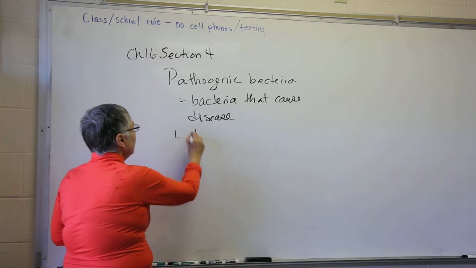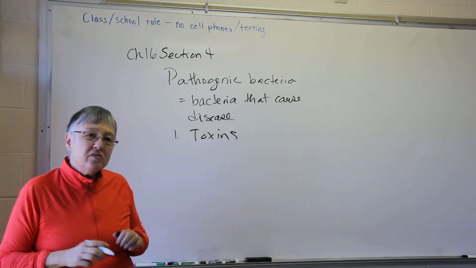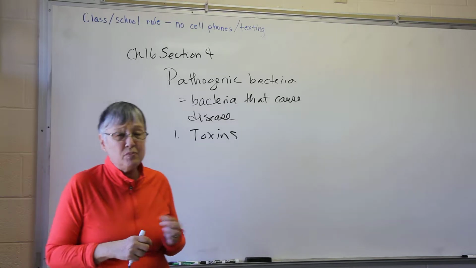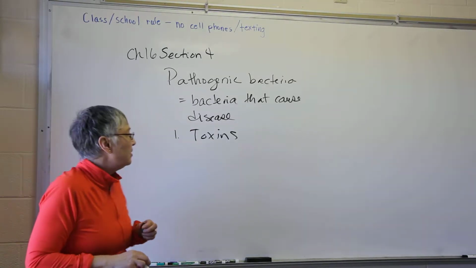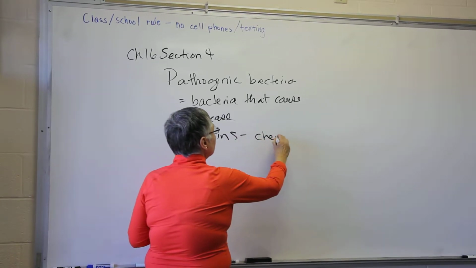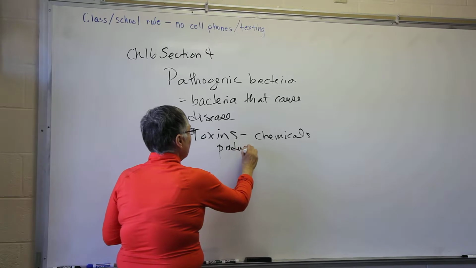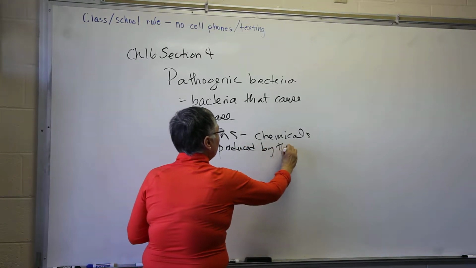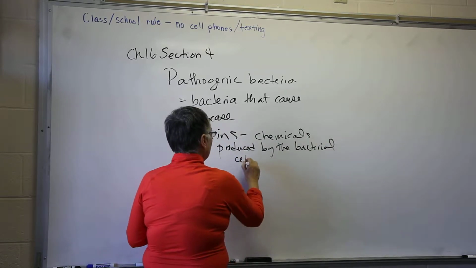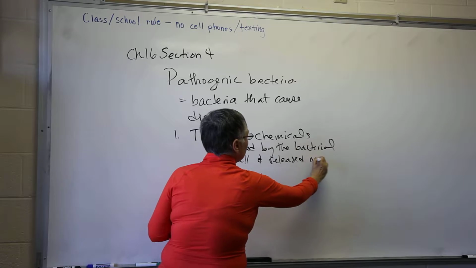Number one, some bacteria produce chemicals that we call toxins. Your textbook actually refers to them as poisons, but technically they're referred to as toxins. So these are chemicals produced by the bacterial cell and released into the host.